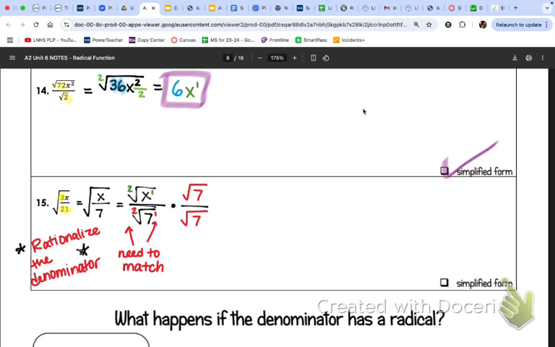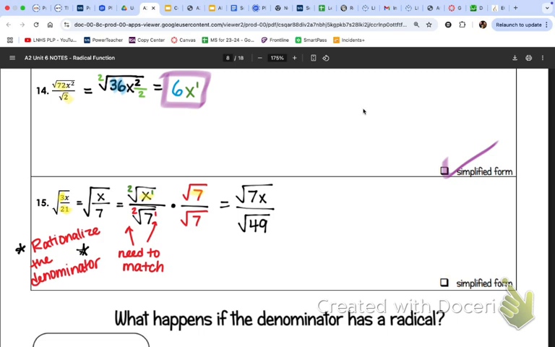Great. So insides can multiply to insides. You can multiply these two things together, x and the 7. So it's going to be square root of 7x. And in the bottom, you're multiplying square root of 7 times square root of 7, which is square root of 49.